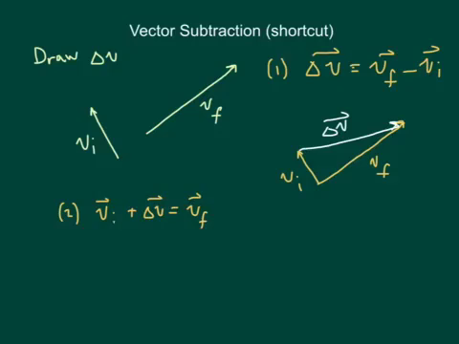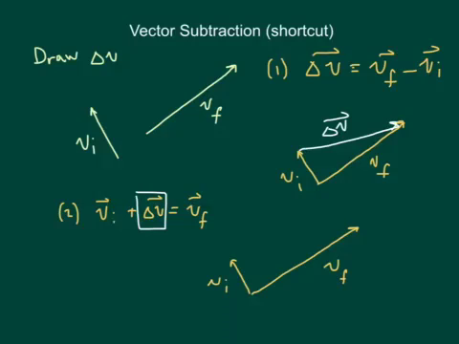So think about this problem again. I'm going to solve it again. VI and VF, I said you connect tail to tail. When I draw in delta V with white, what I'm doing is I'm completing the vector addition.